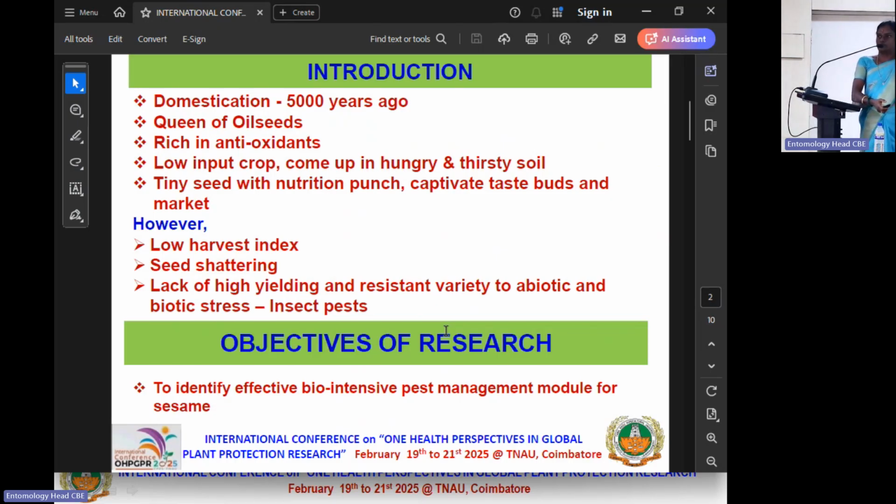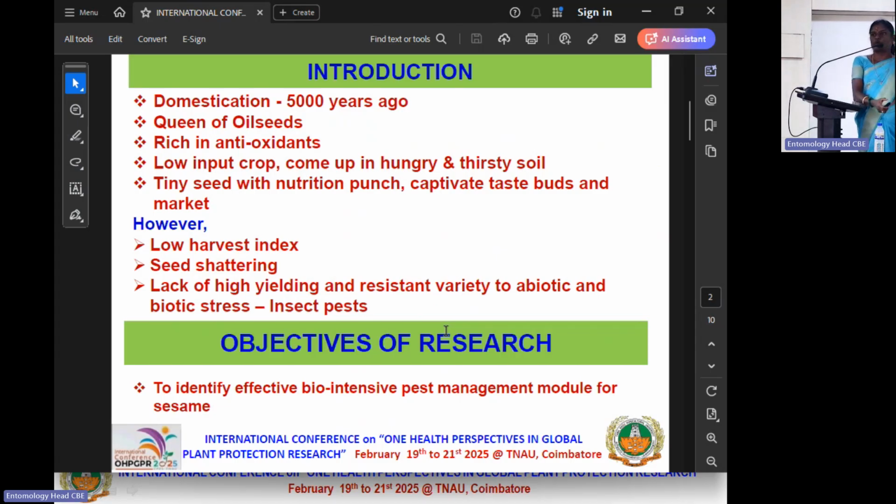It is known as the queen of oilseeds because of the rich antioxidants present in it, and it is a low-input crop that comes up very well in hungry and thirsty soils also. So the tiny seed with a nutritional punch captivates the taste bud and market. However, the demerits of sesame are low harvest index, seed shattering, and lack of high yielding varieties and varieties resistant to abiotic and biotic stresses.